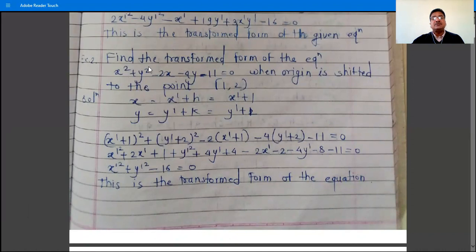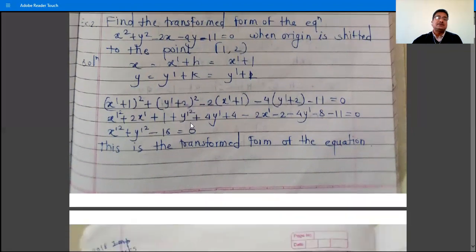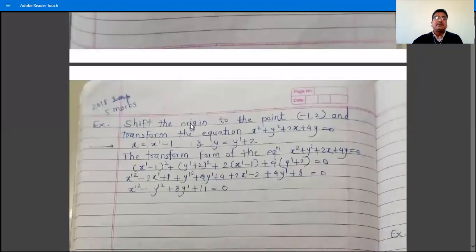Only this is with respect to the old system, where the origin is (0, 0), and this is with respect to the new system, where the origin is (1, 2). So in order to find the transformed form, just substitute x = x' + h, y = y' + k. We get the transformed form.